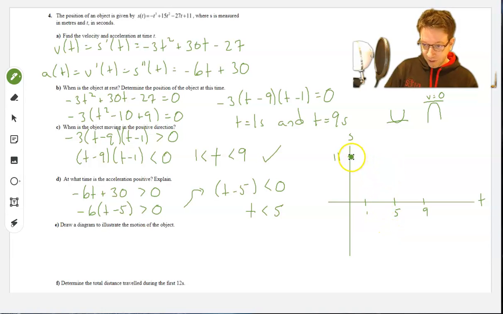Okay, so it can look something like this. And this is going to go quite high up until it gets to 9, and it's going to curve back over, like that.